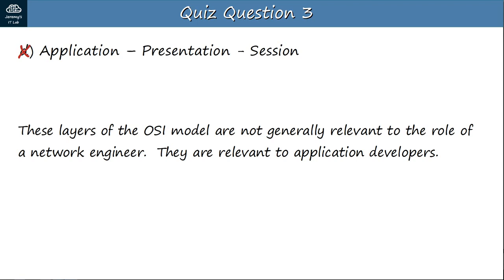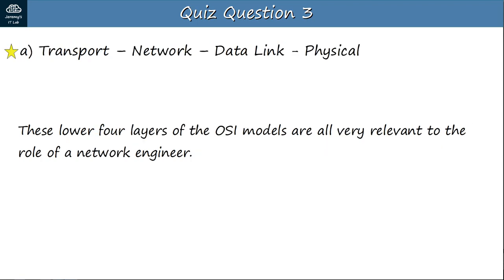They are relevant to application developers. So D, application, presentation, and session, is incorrect. These 4 lower layers of the OSI model are all very relevant to the role of a network engineer. So A, transport, network, data link, and physical, is the correct answer. Let's go to the next question.